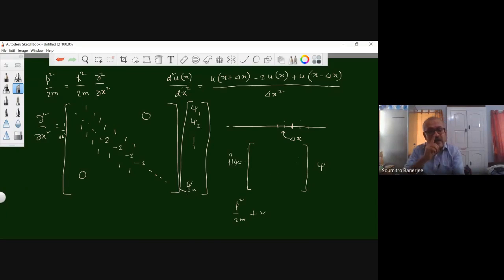What will the eigenvector signify? Eigenvector will signify the eigenfunctions. The eigenvector will give a column like this, and each value, taken at each of these positions, will give a function, and therefore the eigenfunctions can be obtained from the eigenvectors.